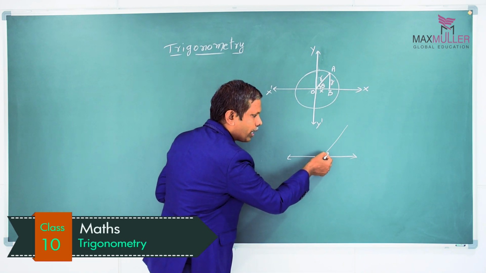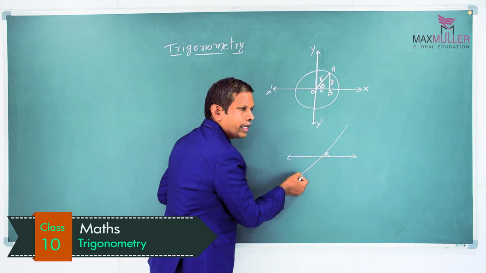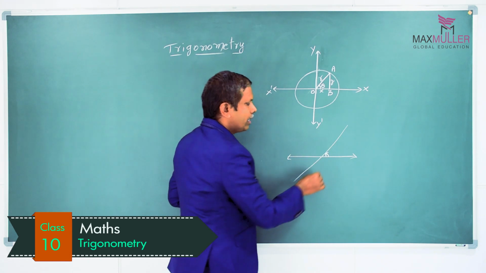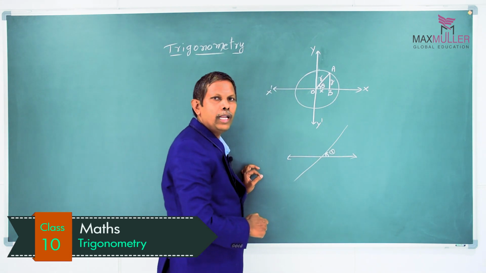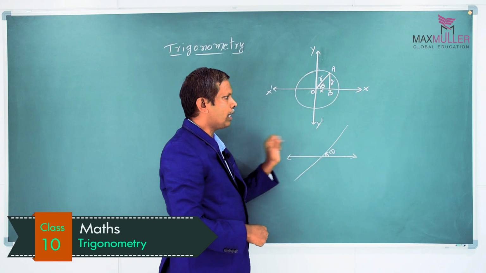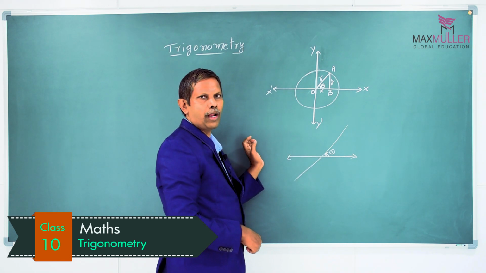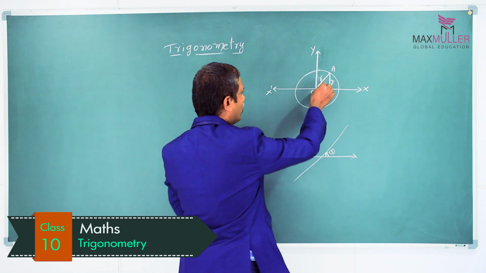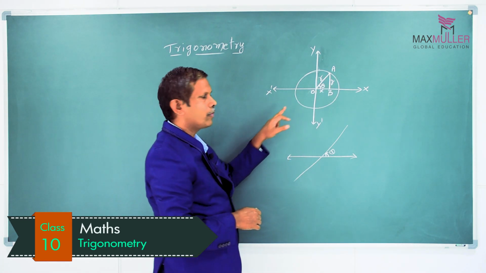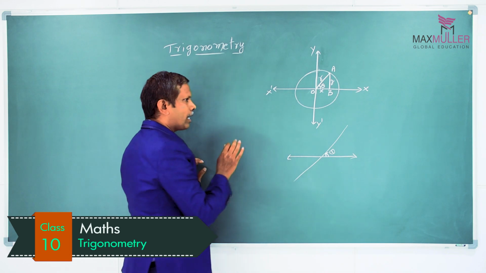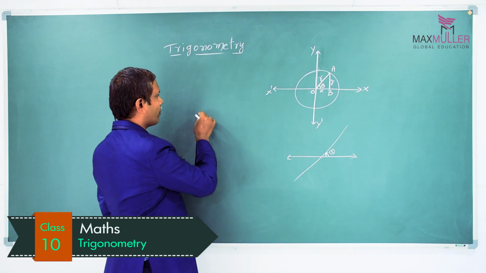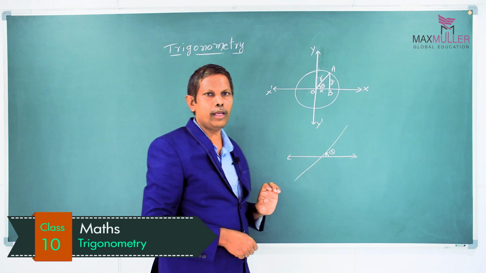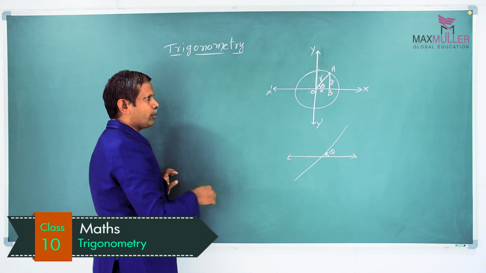In the positive direction, the angle the line makes with the x-axis is known as the inclination of the line. Inclination is nothing but the angle of the line. So here I am taking this as that angle. In triangle OAB, in trigonometry we mainly have 6 trigonometric ratios.